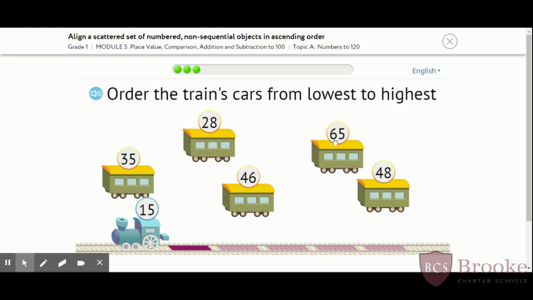How many tens are in 65? 6. And how many tens are in 48? 4. So of these tens values, which is the smallest or the lowest? 3, 2, 4, 6, or 4?